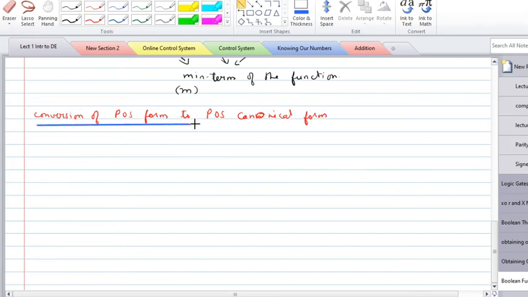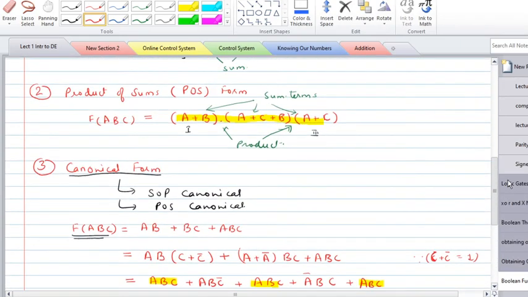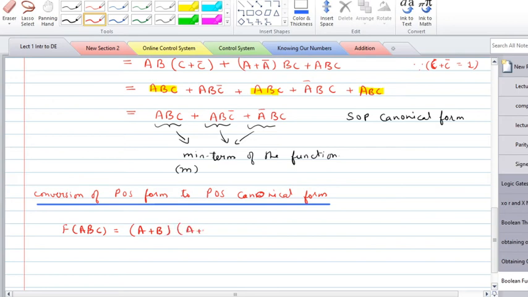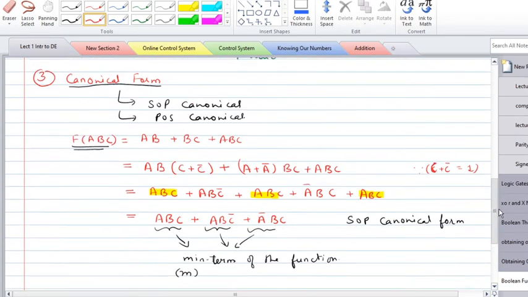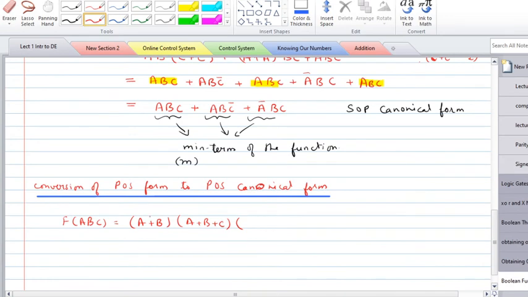Consider the same function here, f is a function of a, b, c, where a plus b, a plus b plus c, a plus c.